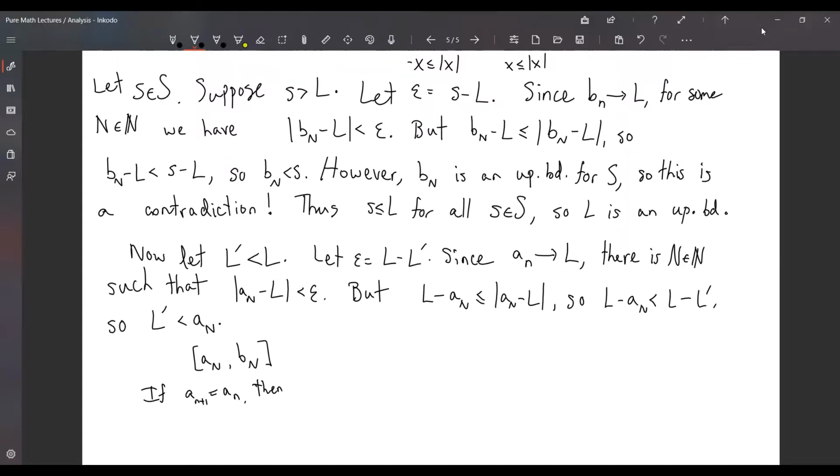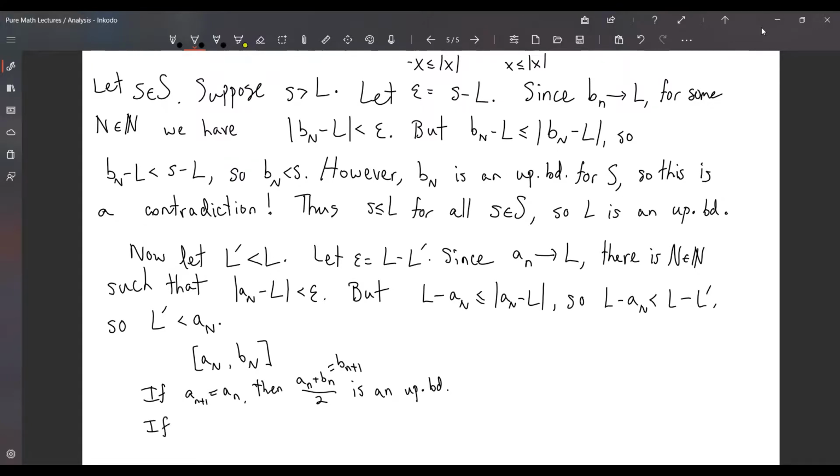If a sub n plus 1 equals a sub n, then that means that a sub n plus b sub n over 2 is an upper bound, right? Because then this becomes b sub n plus 1.